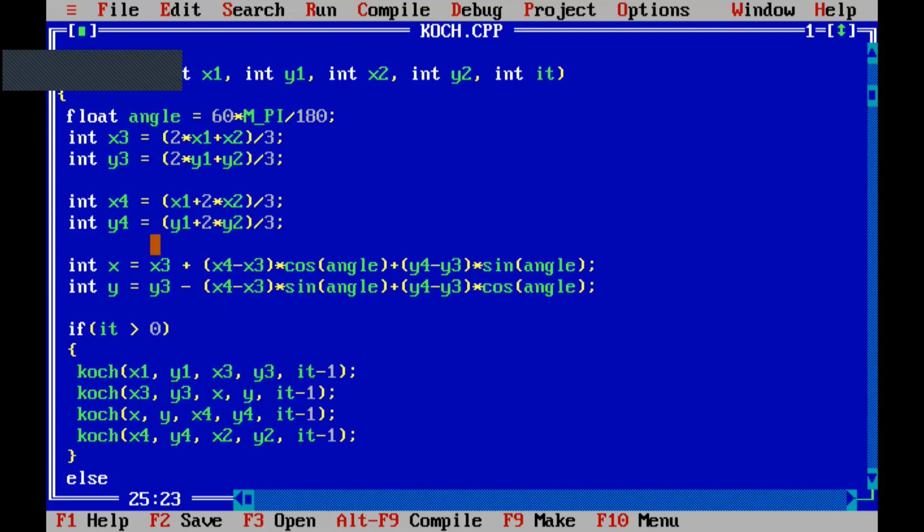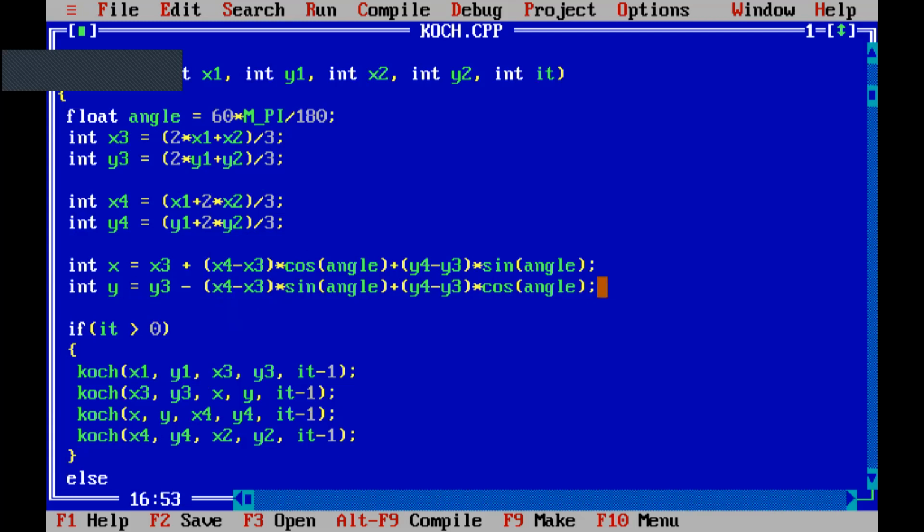I can calculate x equals x3 plus x4 minus x3 into cos of 60 degrees, I have calculated the radian equivalent of 60 degrees in angle, plus y4 minus y3 into sine of angle. Similarly, I can calculate the y coordinate. y equals y3 minus x4 minus x3 into sine of angle plus y4 minus y3 into cos of angle.